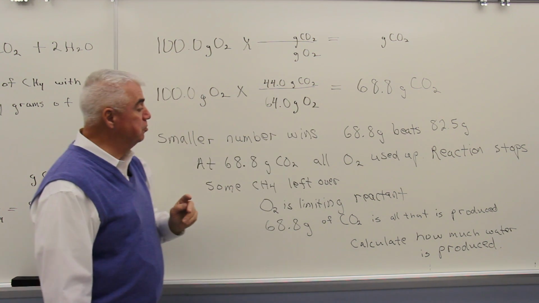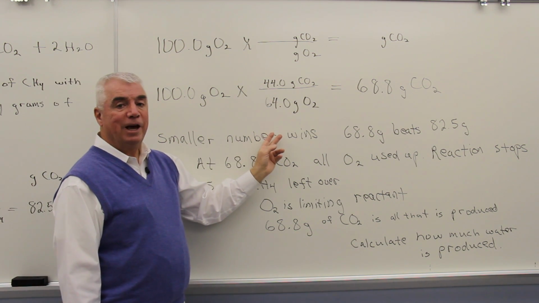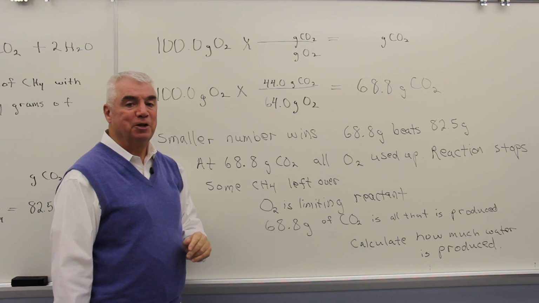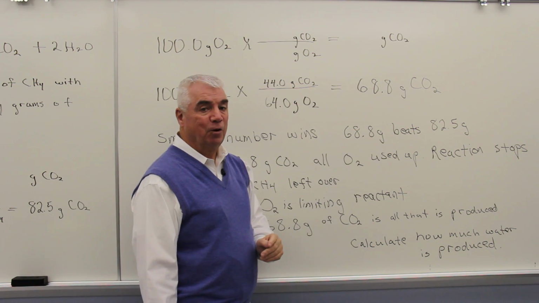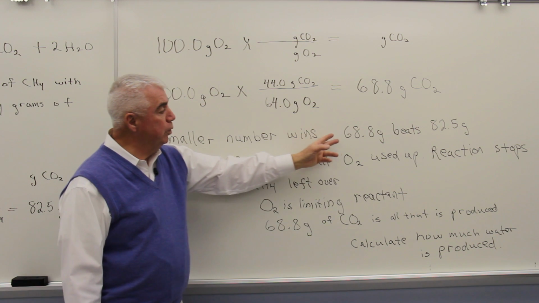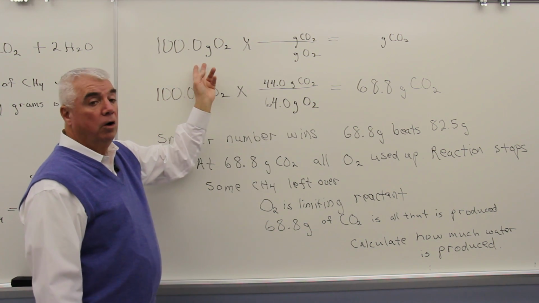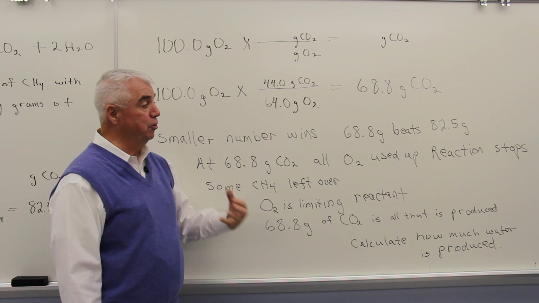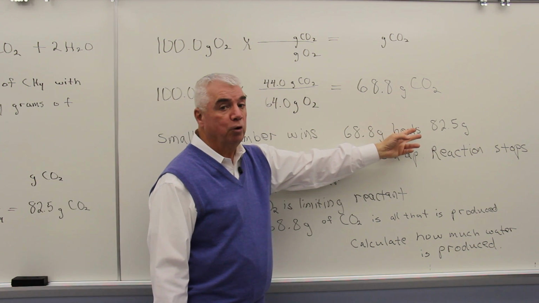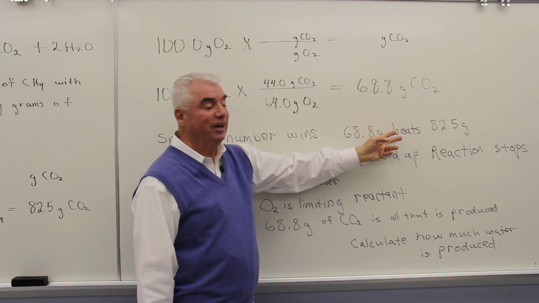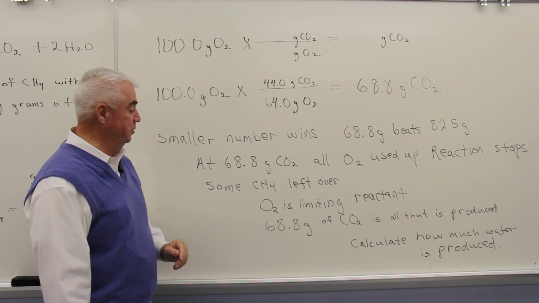And that's a smaller number than what we had before. And in limiting reactant problems, it's the smallest number that wins. 68 beats out 82, because when we get 68.8 grams of CO2, all of the oxygen has been consumed. And even though we could theoretically get more CO2 if we had enough oxygen, we don't have that oxygen, and so the reaction stops.